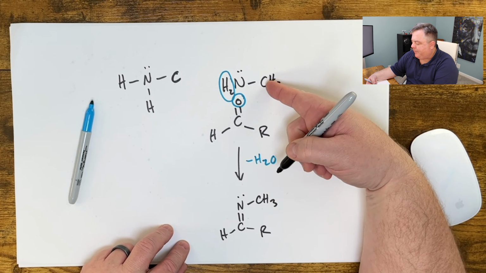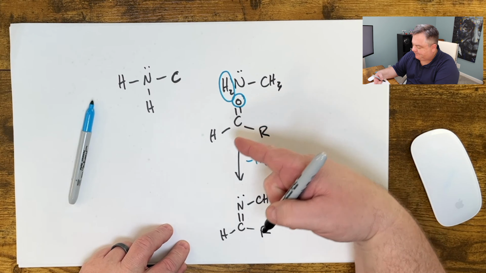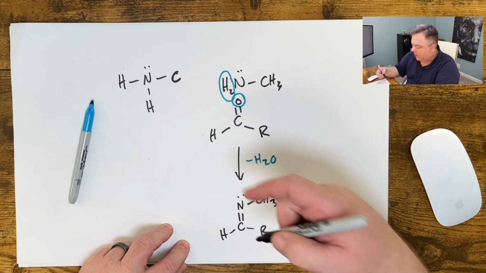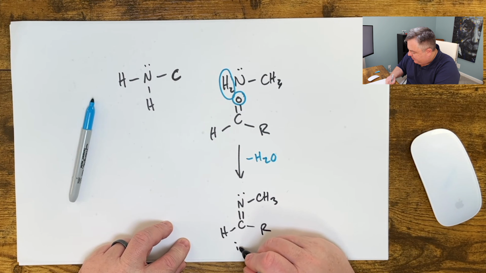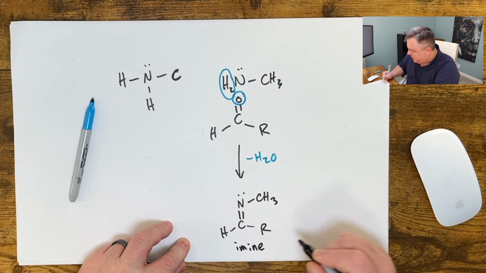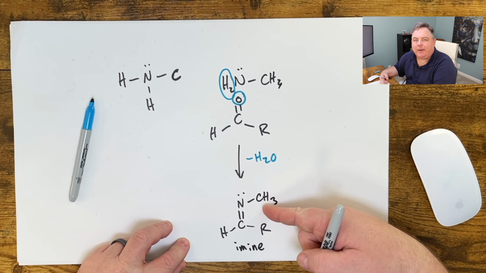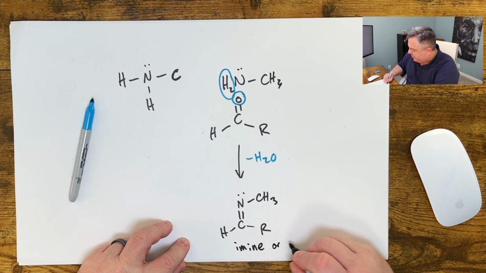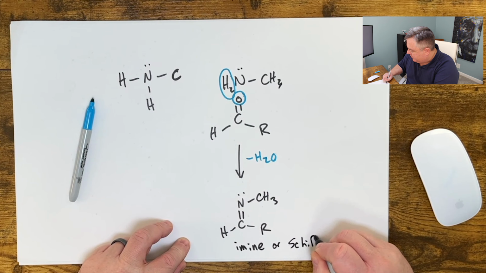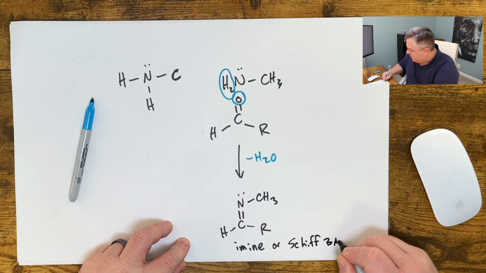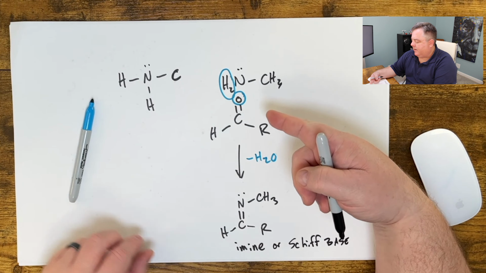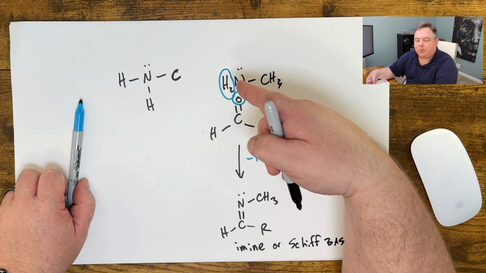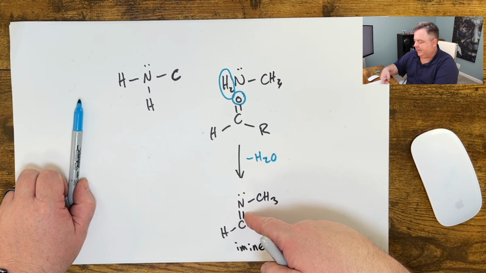So primary amines react with aldehydes or ketones to make what are called imines. An imine is a carbon double bond nitrogen, or some people call that a Schiff base. But ketones and aldehydes react with primary amines to make imines.